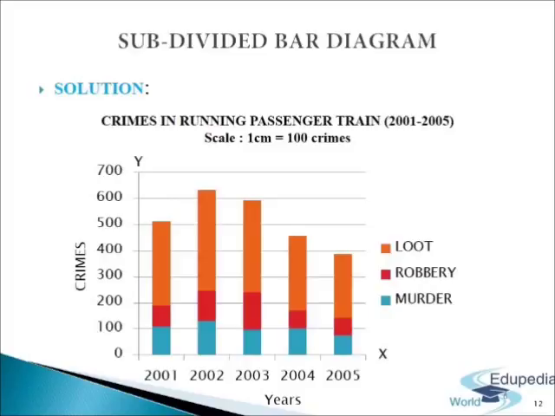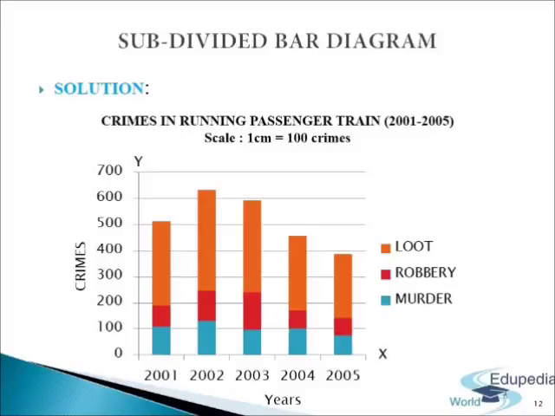First, we will write the heading, that is crimes in running passenger trains from the year 2001 to 2005, and in this particular diagram we have taken a scale of 1 centimeter equals 100 crimes. On the x-axis we have taken the years, that is from 2001 to 2005, and on the y-axis we have taken the number of crimes, that is from 0 to 700.